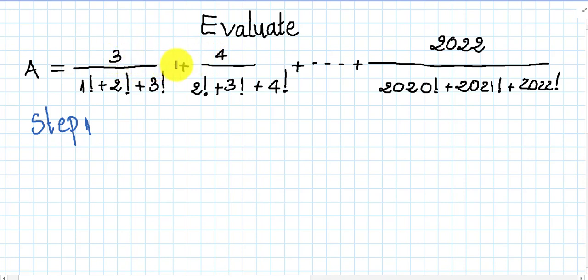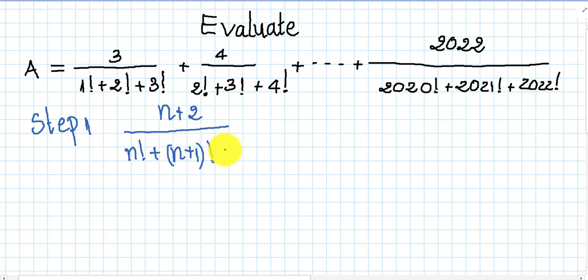We see it like a sequence. It is more than 1, so I can write it in this form: n plus 2 over n factorial plus n plus 1 factorial plus n plus 2 factorial.